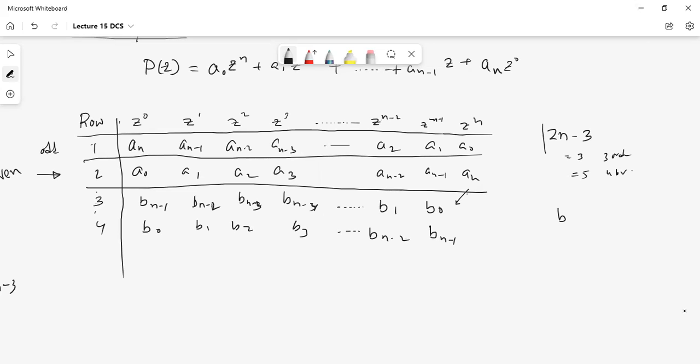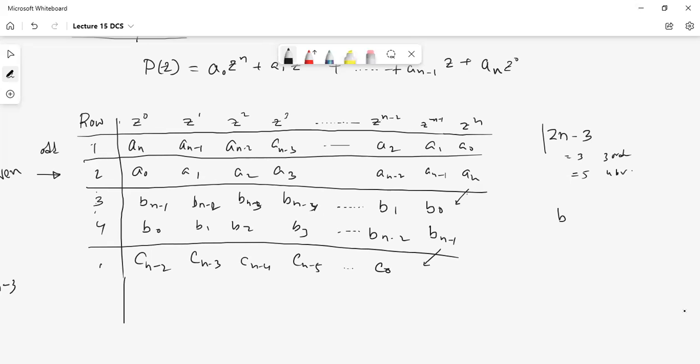Eventually it will be Bn minus 2 and Bn minus 1. And now we know that it will be again one less in the fifth row because it is reducing by 1. So it will end up with cn minus 2, cn minus 3, cn minus 4, cn minus 5, and then go up to c0, one less.